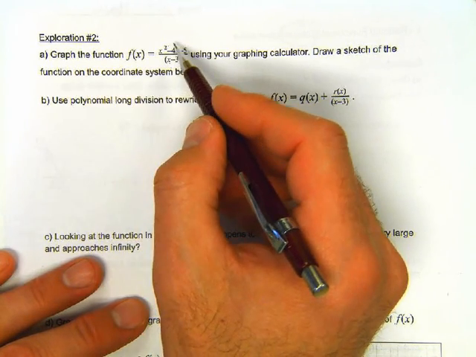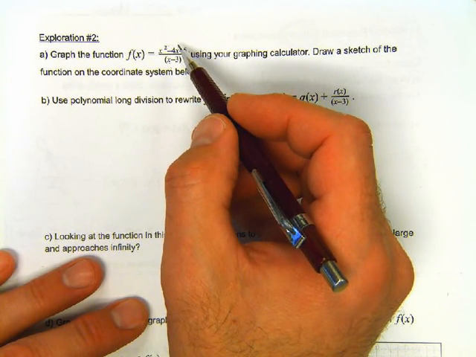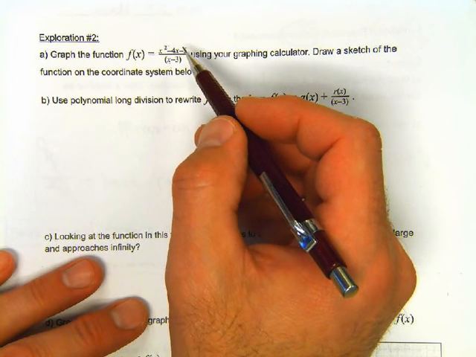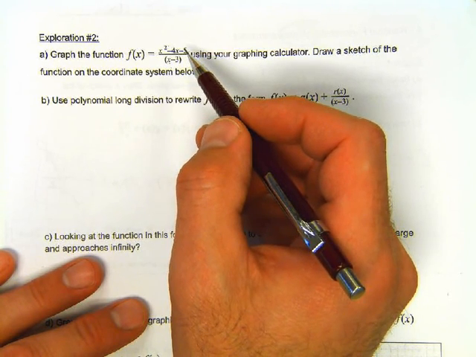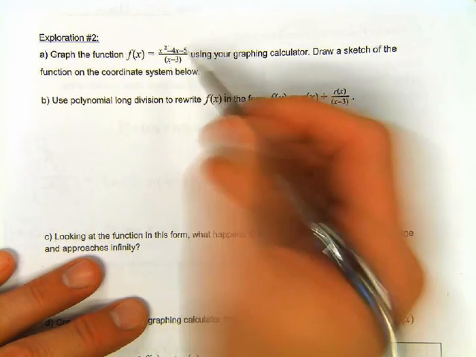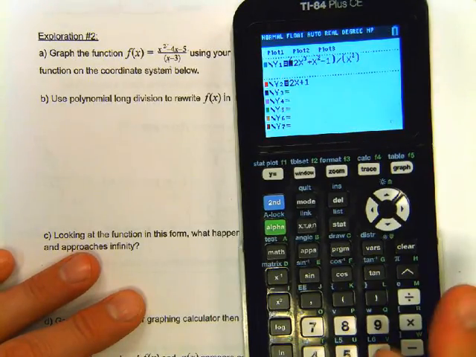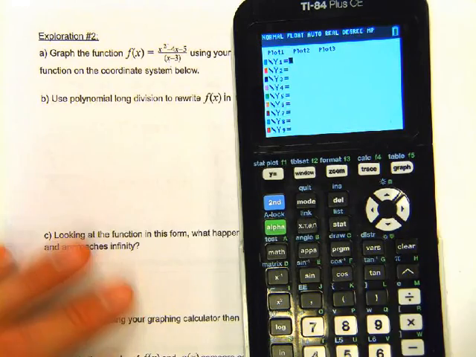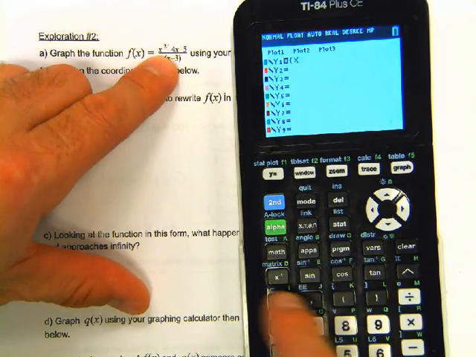The degree of the denominator is greater than the numerator. By how many degrees is it greater? It's 1, which is linear. So you should expect an oblique asymptote that is a straight line. All right, let's graph this and see what we find out.